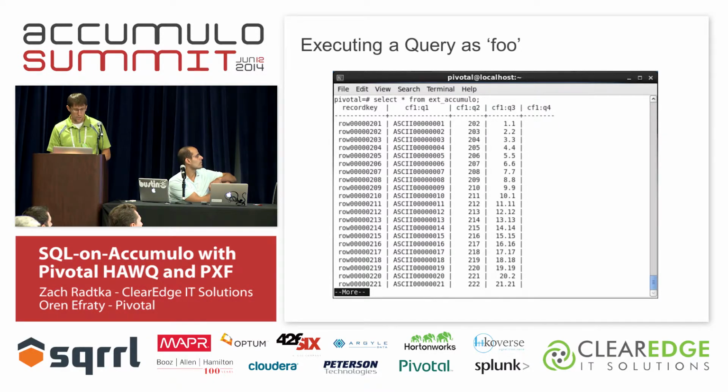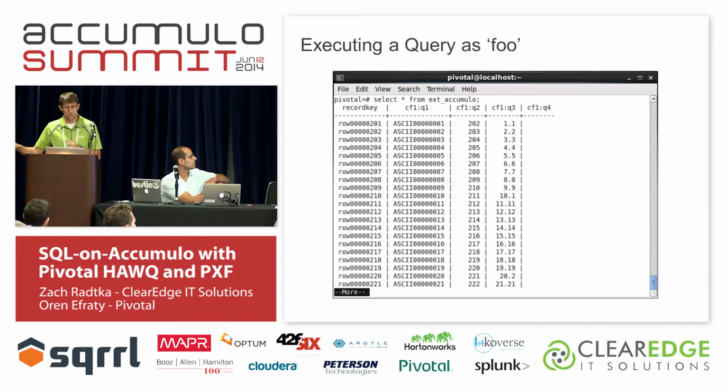So we're actually going to switch our login to foo, and sadly it has the same password as root. But when we make this query here, we're going to see that this last field doesn't get filled in because foo does not have access to that field. So through the PXF Accumulo connector, we are using one of the main features of Accumulo, which is the visibility labels, without really any work. Accumulo is doing it all for us, which is really nice.